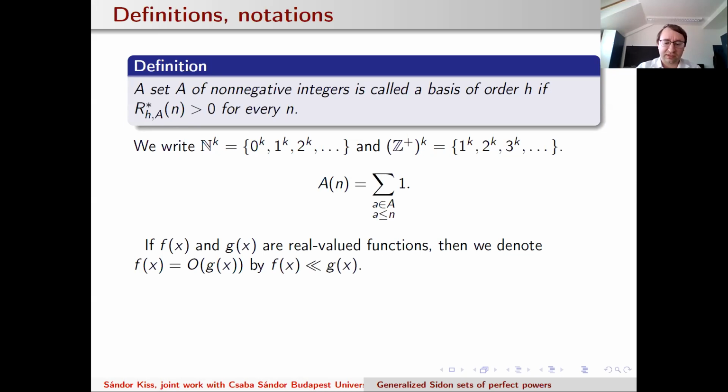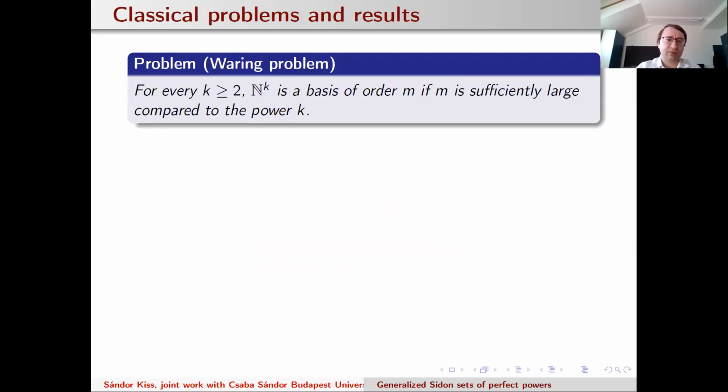Now let me tell you what the motivation of our research was. We studied some classical problems. The first was the Waring problem, which asserts that for every k, the set of non-negative k-th powers is a basis of order m, where m is sufficiently large compared to k.